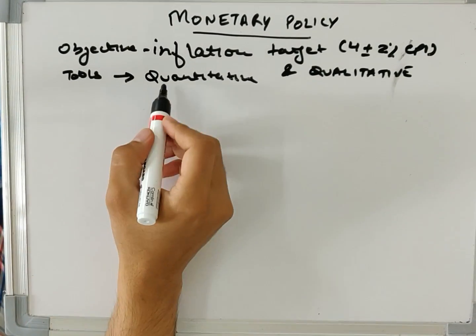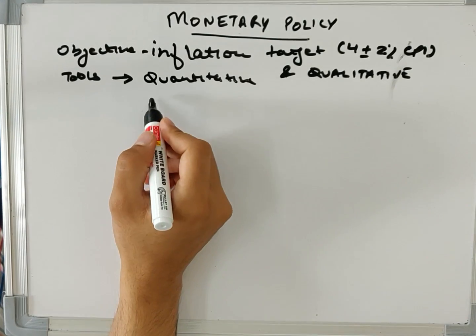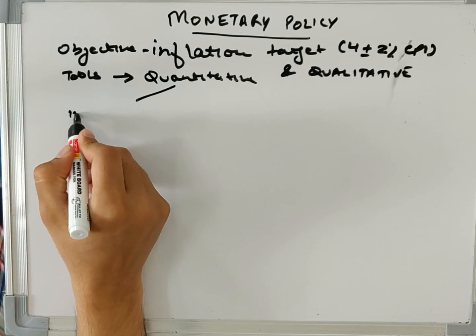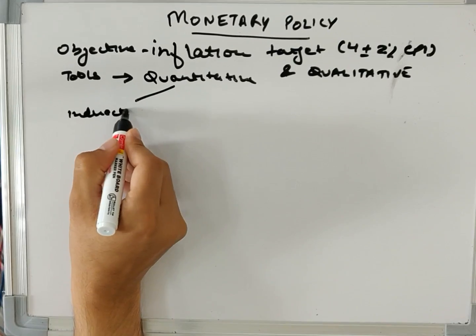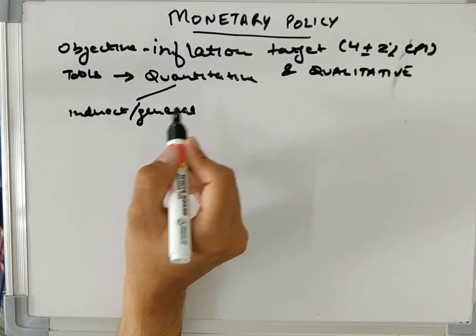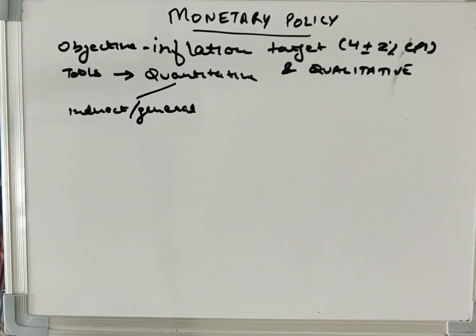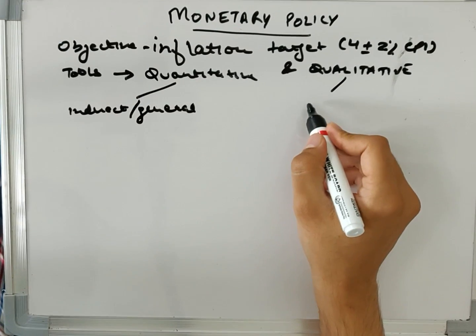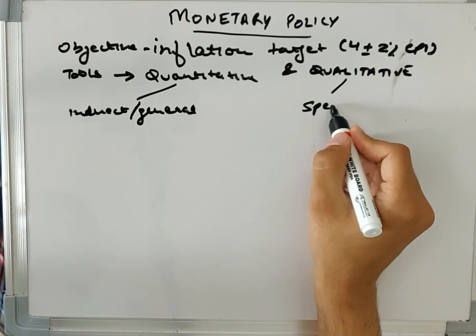Now, the primary difference between quantitative and qualitative is that this is more indirect, that is, it is general in nature, not specific to any sector, any problem or anything. This is more specific and direct.